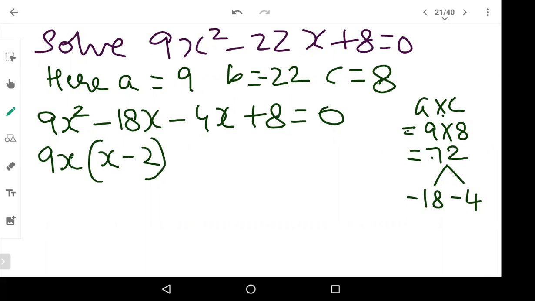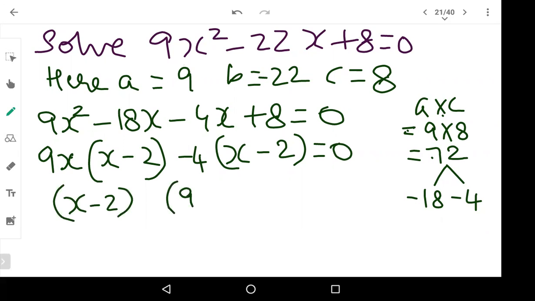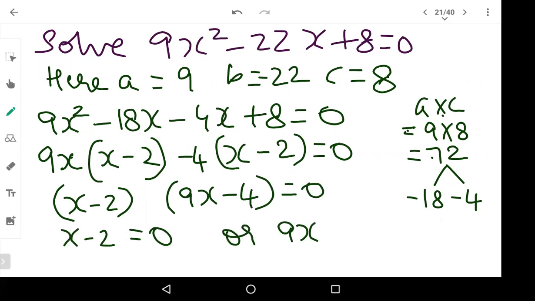So x minus 2. So on the other side also I can have x minus 2, so I'll take minus 4 as common. So x minus 2 into 9x minus 4 is equal to 0. So x minus 2 is equal to 0, or 9x minus 4 is equal to 0.